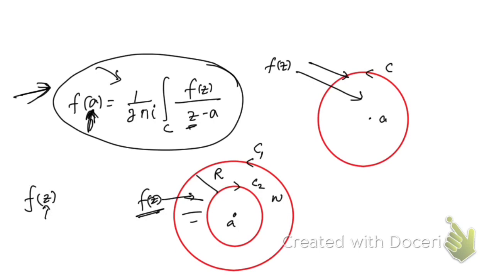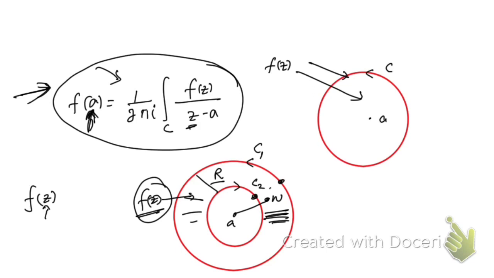Suppose let us take w, which is in the region where this function is analytic. This w may be between these two circles, or on the circle C1 as well.